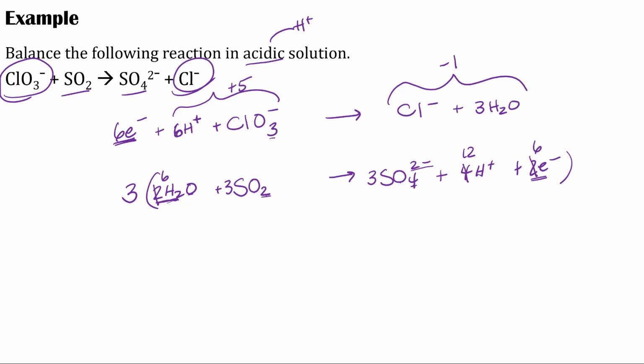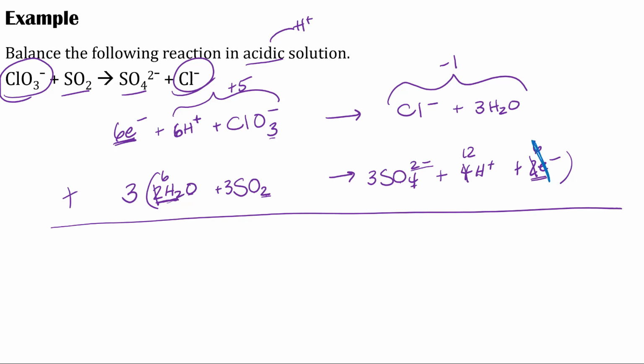So then I'm going to add these reactions together. So the 6 electrons would cancel out. And I have 6 hydrogen ions here and 12 hydrogen ions here. So I'm only going to put the 6 hydrogen ions on this side because they're going to cancel out if they're on opposite sides of each other.